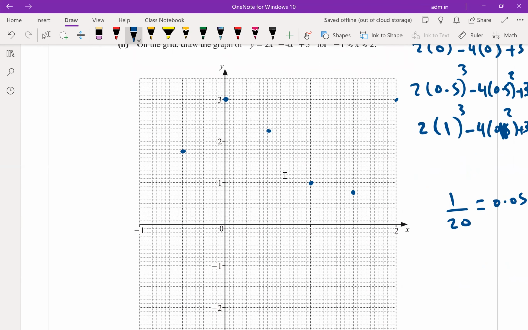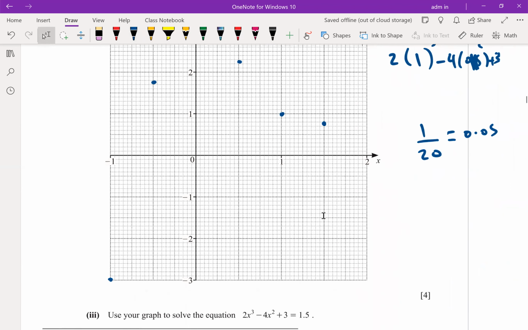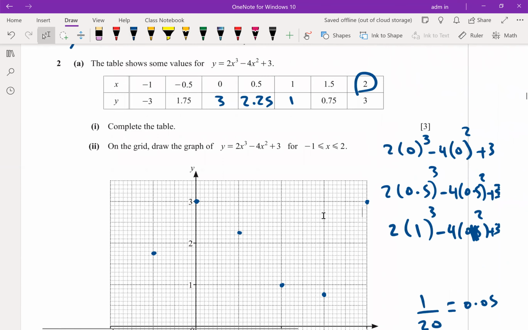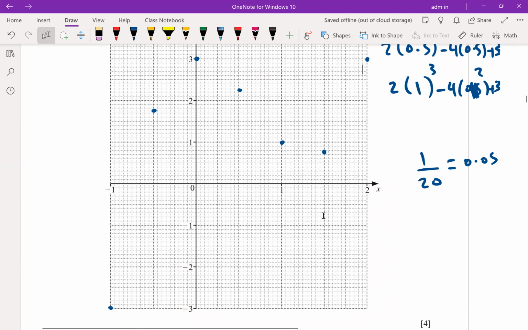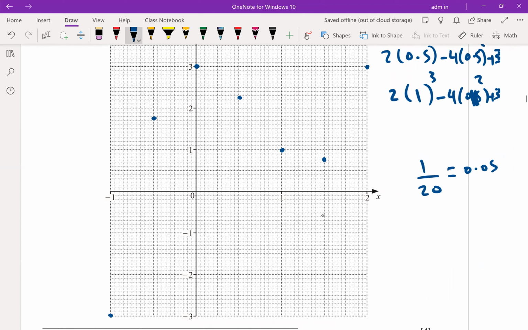But you did not plot the first one, the -1 and -3 point down. Yes, correct, down. Let's start to join. Use your pencil, smooth curve.